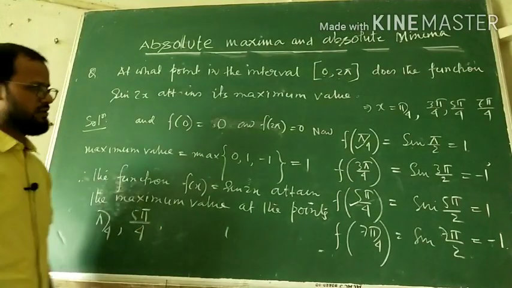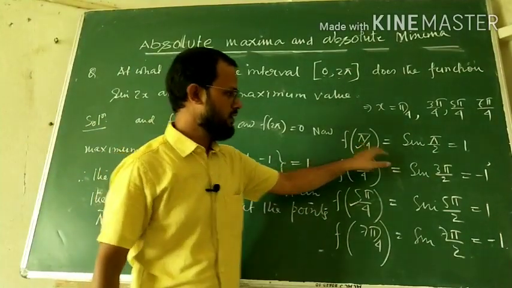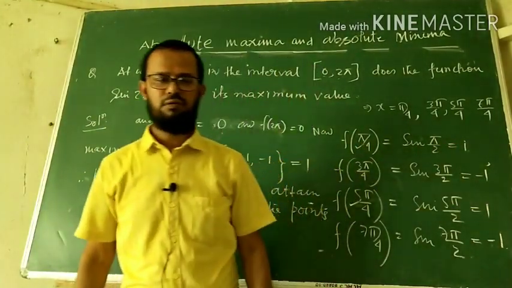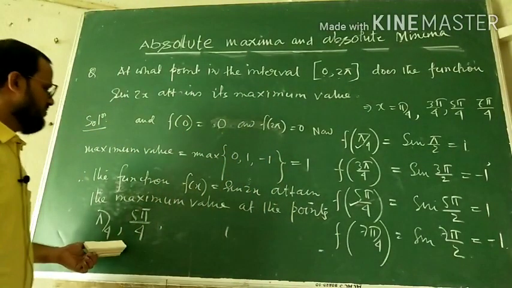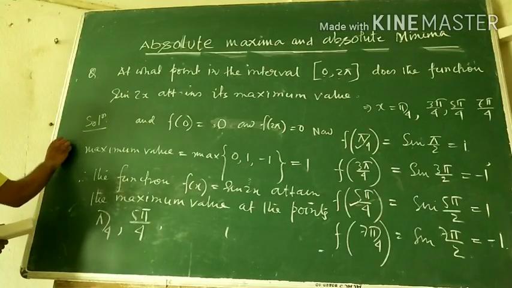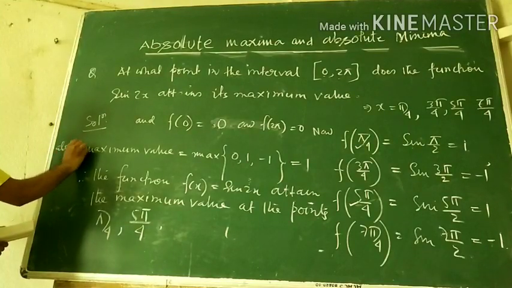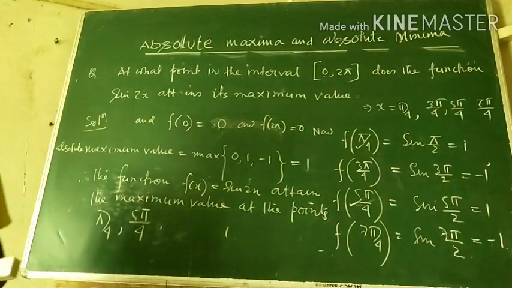These are the 2 points, this point and that point, where the value is 1. And already we have shown that absolute minimum value is equal to minus 1. You can say absolute here, it will be correct.